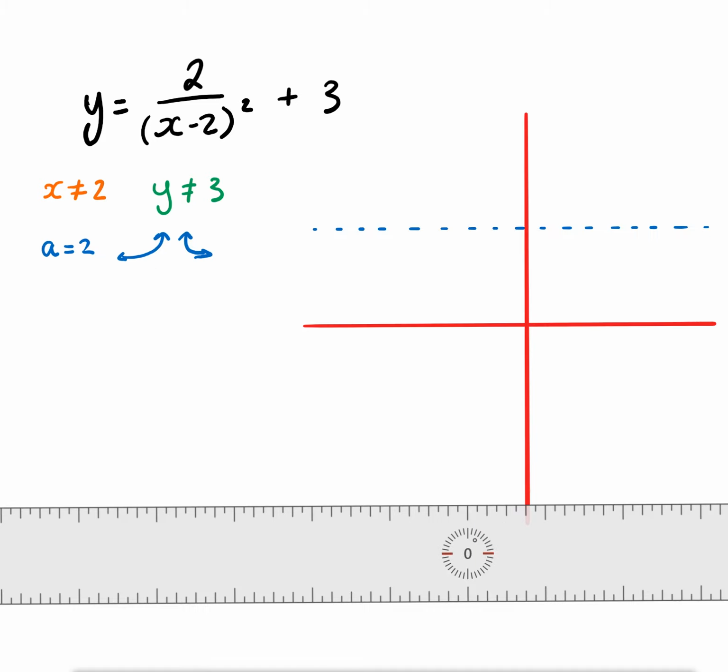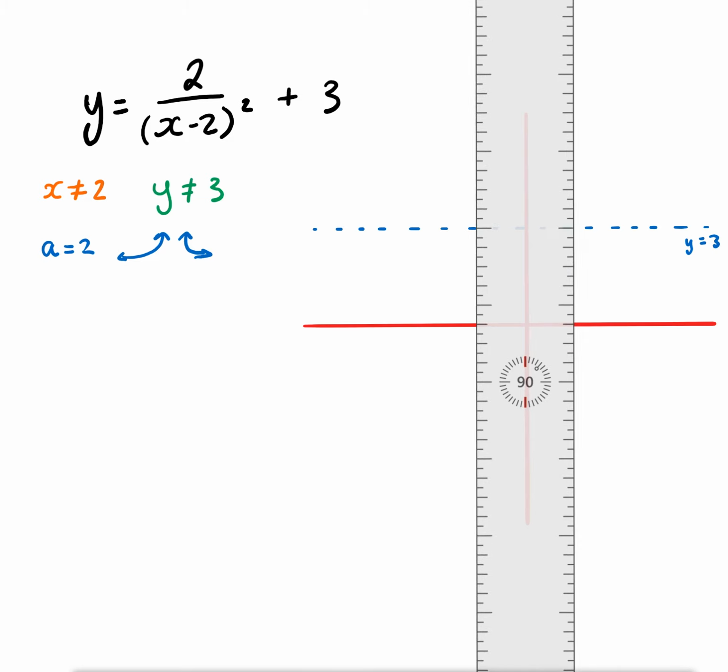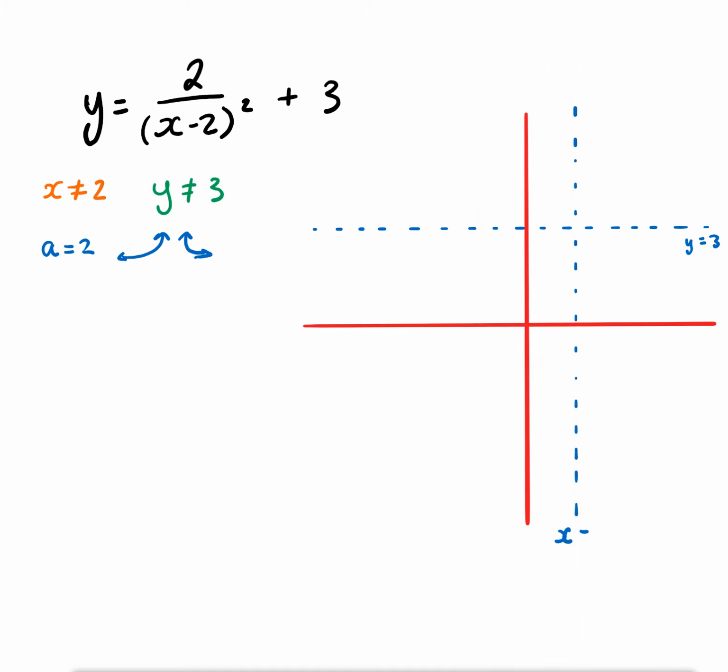Here we can see y equals 3. My x asymptote is at x equals 2. And the general shape is a truncus, so it should look like this.